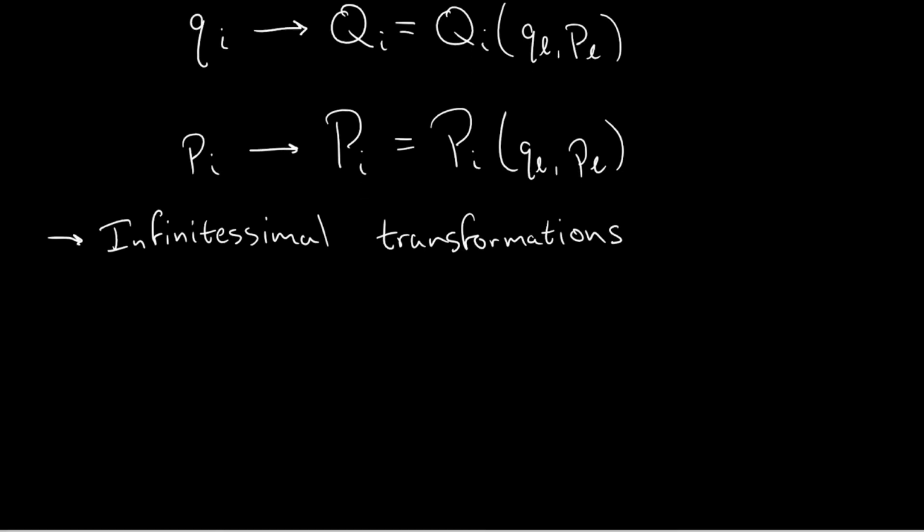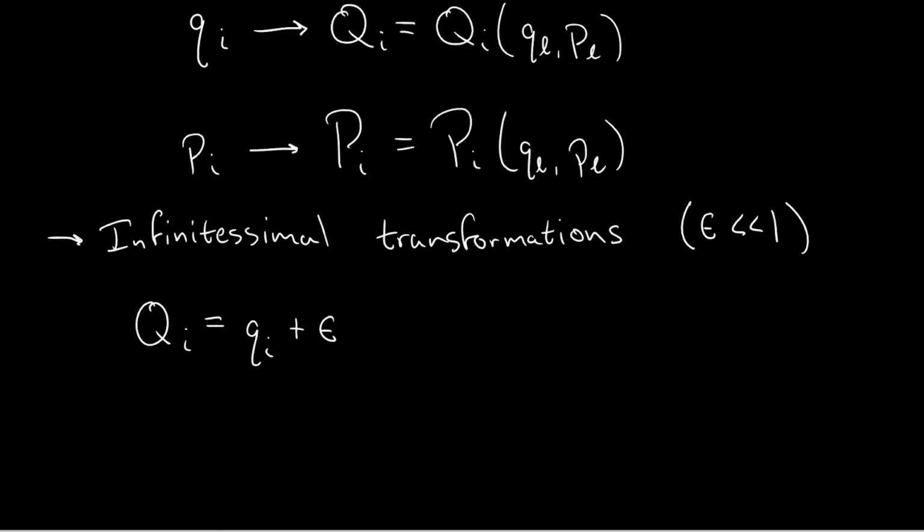So what we'll consider is some transformation parameter, which I'll call epsilon. And we'll say that epsilon is very, very small. It's a very small number. In which case I can write these transformations, which I'll call Q, capital Q for our new coordinates. And these are going to be very, very close to our original coordinates, our little q sub i's.